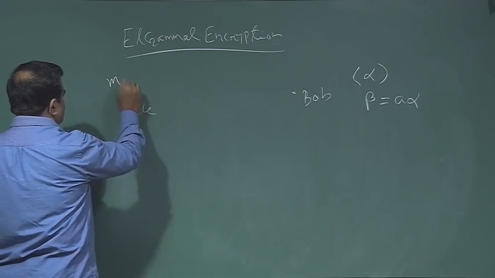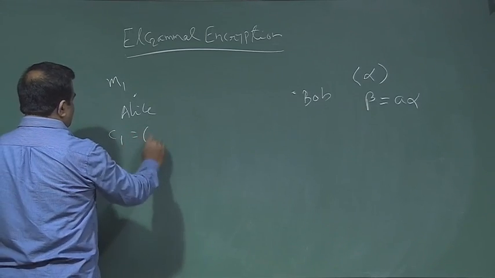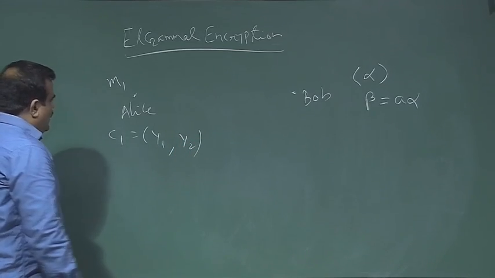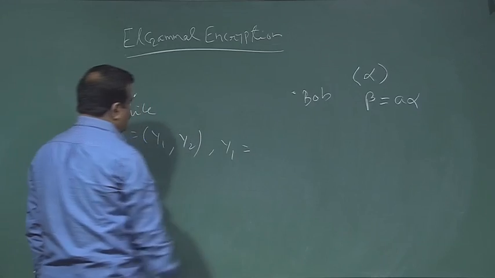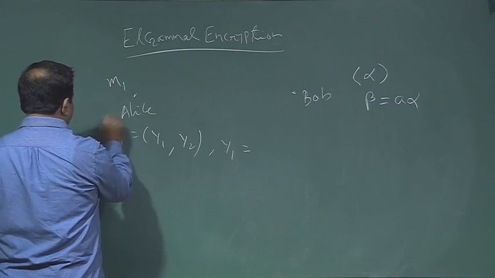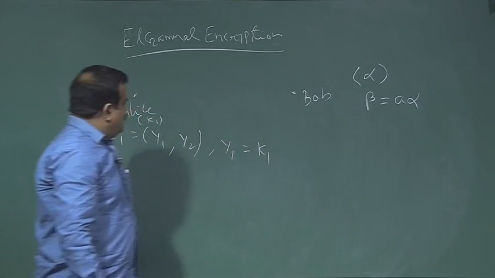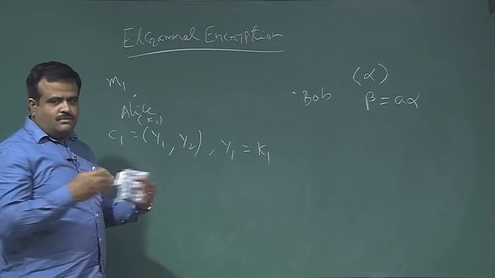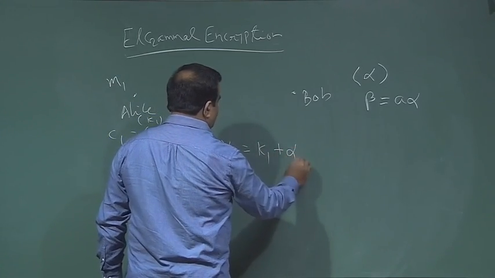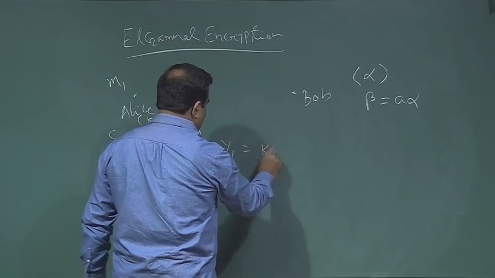If M is the message, say M1 is the message, then C1 has two parts, Y1 and Y2. Y1 is obtained as follows: Alice chooses a k, and Y1 is k times alpha. Here the power means the added multiplicative sense. Sorry, it is basically alpha to the power k, so k alpha.